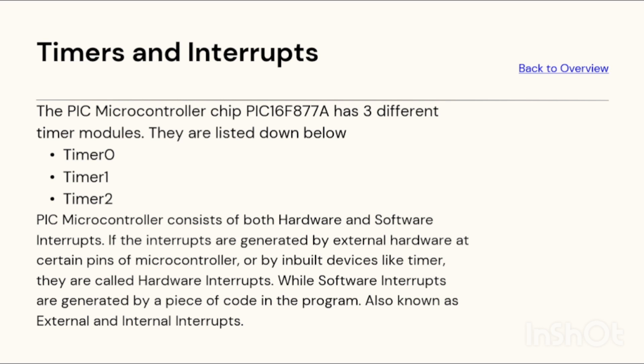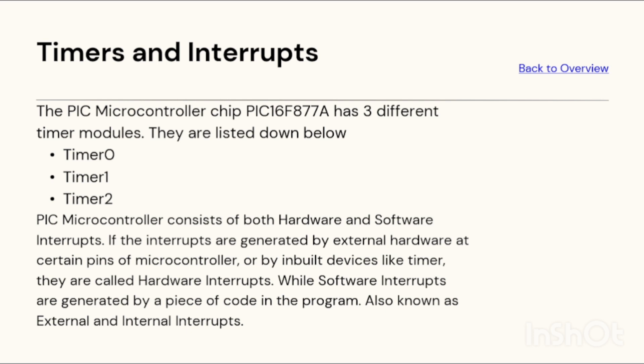Another one is the timers and the interrupts. We are also familiar with these timers and interrupts. Here the PIC microcontroller chip PIC 16F877A has three different timer modules. They are listed below: Timer 0, Timer 1, Timer 2. PIC microcontroller consists of both hardware as well as software interrupts.